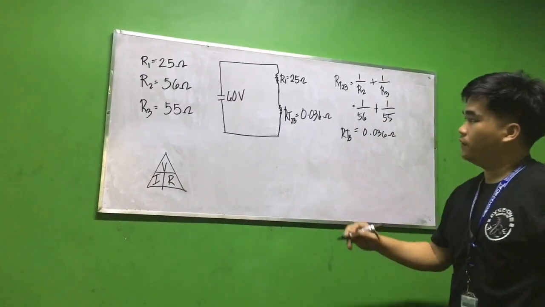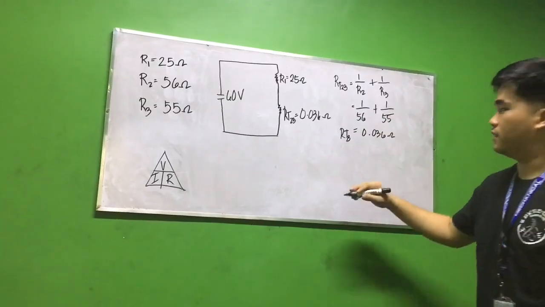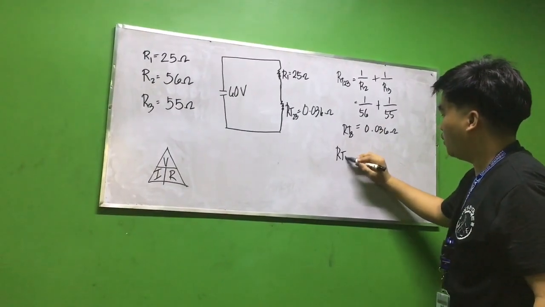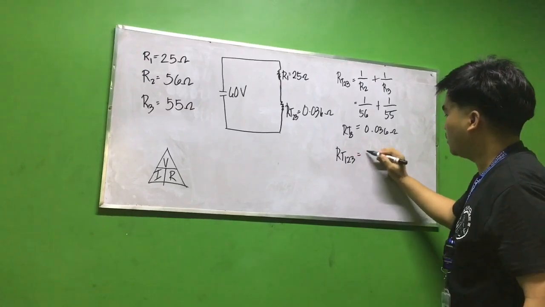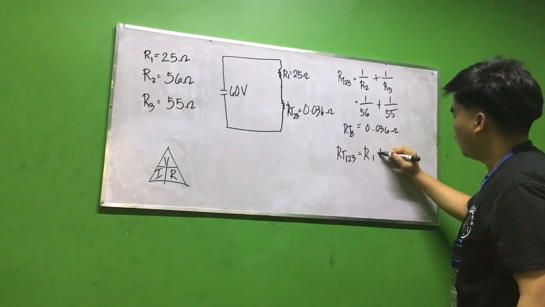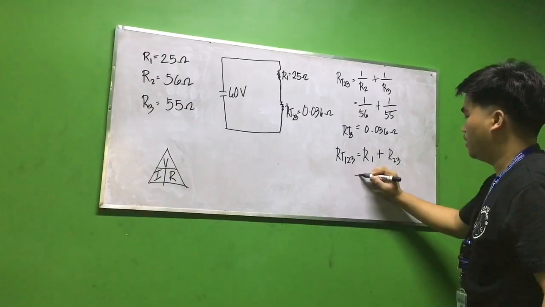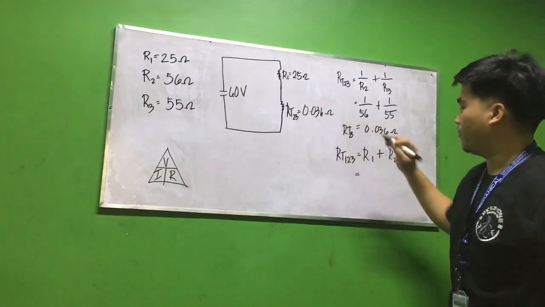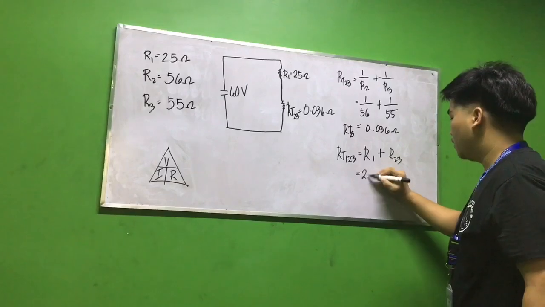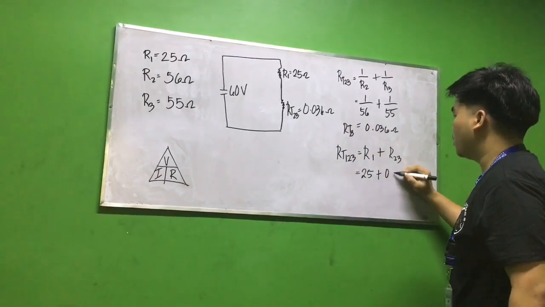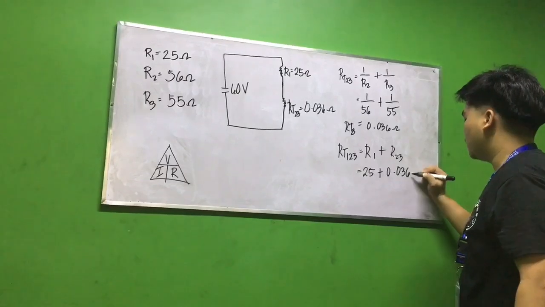Next we have to solve the series circuit. We have this formula: RT123 equals R1 plus R23. Our R1 is 25 ohms, so substitute 25 plus R23, 0.036 ohms.